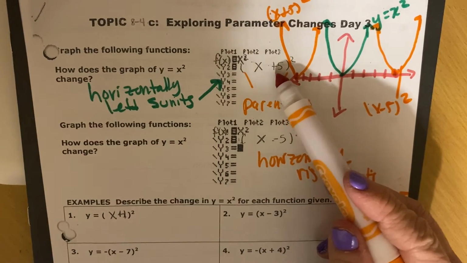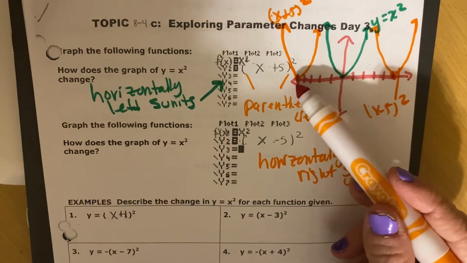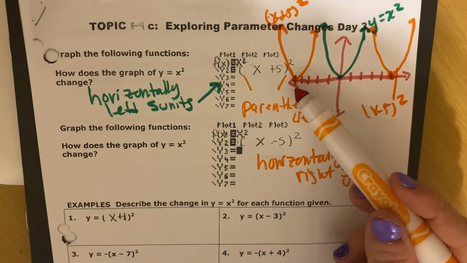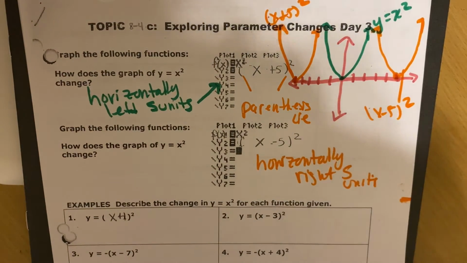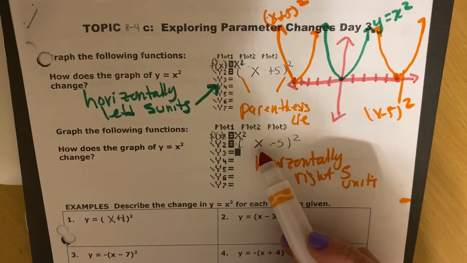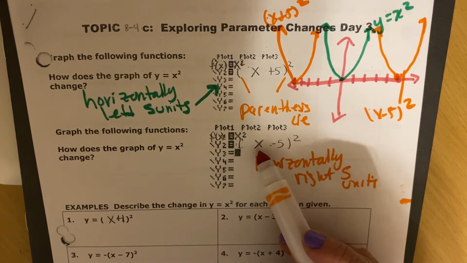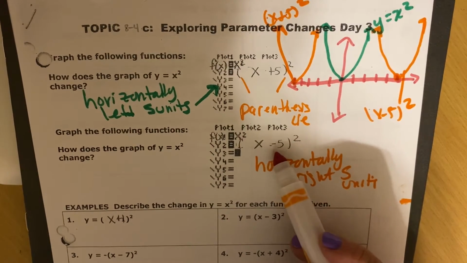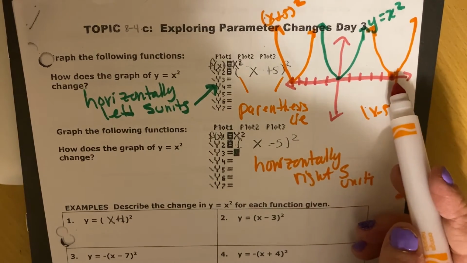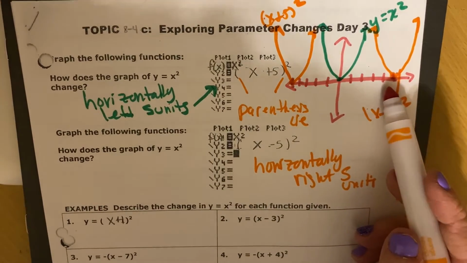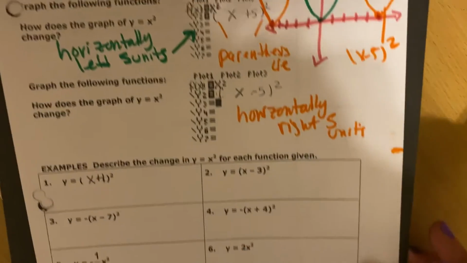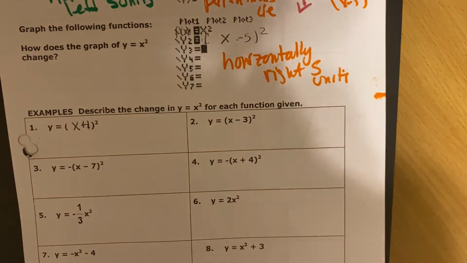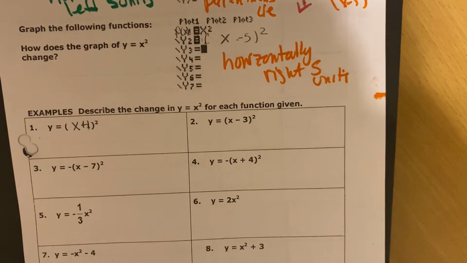So this is x minus a negative 5, and that is the reason that we've moved over in this direction. Just like this, if I have it in vertex form, this is going to be x minus a positive 5, and that is why this is moved over, and this is a positive 5.